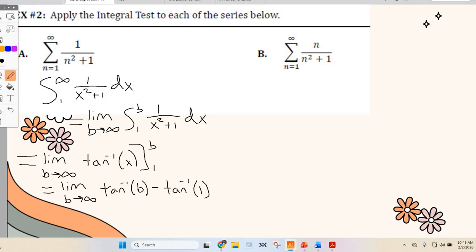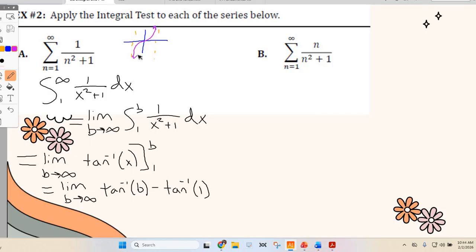Or in other words, where does tangent inverse have a vertical asymptote that shoots up towards infinity? Do you remember what our tangent inverse graph looks like? We should. Looks like that.